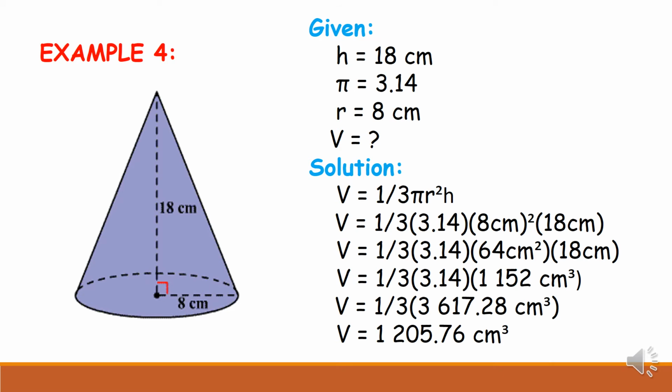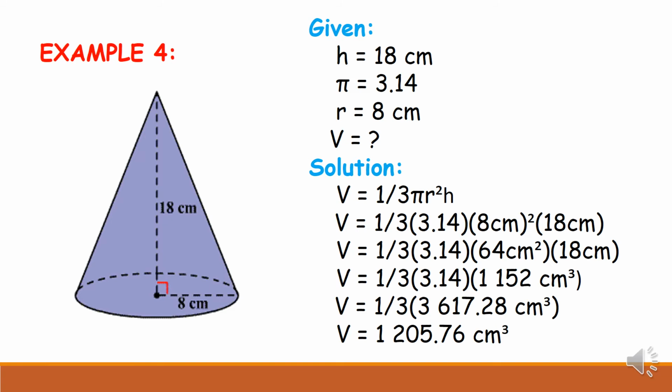Example number 4. Our given is a cone. The radius is 8 centimeters and the height is equal to 18 centimeters. Pi is equal to 3.1400. We are looking for the volume of the given cone.